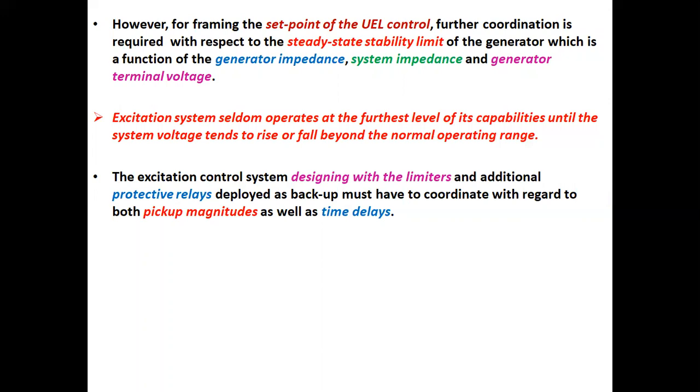Excitation system seldom operates at the farthest level of its capabilities until the system voltage tends to rise or fall beyond the normal operating range. The excitation control system, designed with the limiters and additional protective delays deployed as backup, must coordinate with regard to both pickup magnitudes as well as time delays.